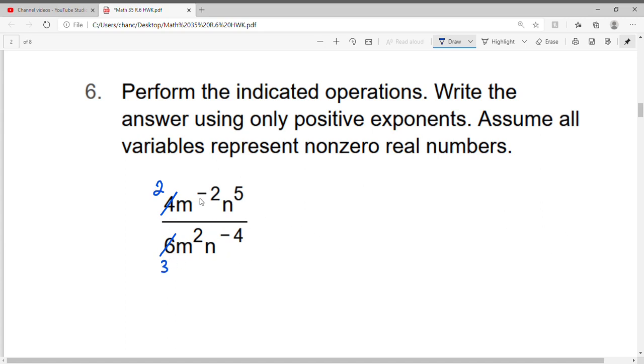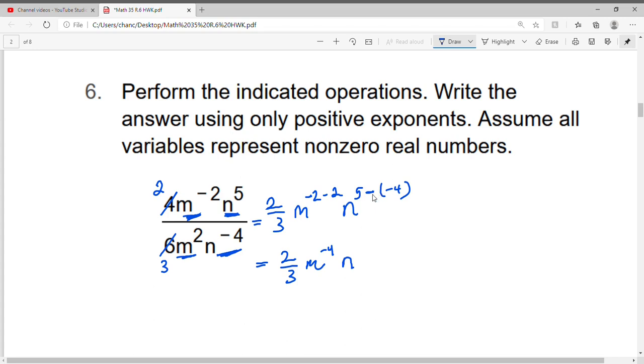Now I can subtract these exponents. We have 2/3 m to the negative 2 minus 2. We're subtracting the m and the m. And then we have n to the 5th minus a negative 4. We're subtracting the n to the 5th by n to the negative 4. This reduces to 2/3 m to the negative 4th power.